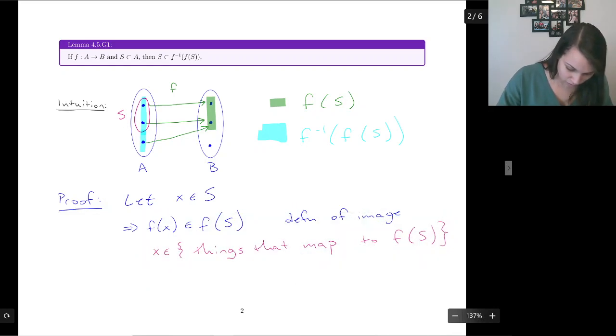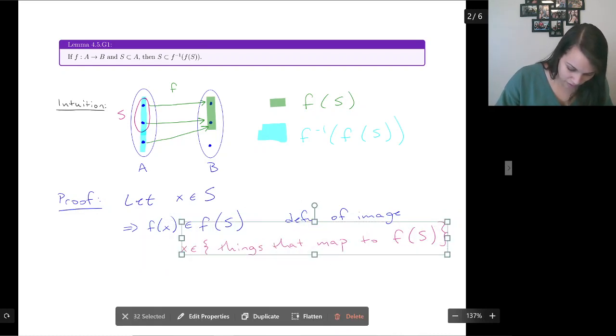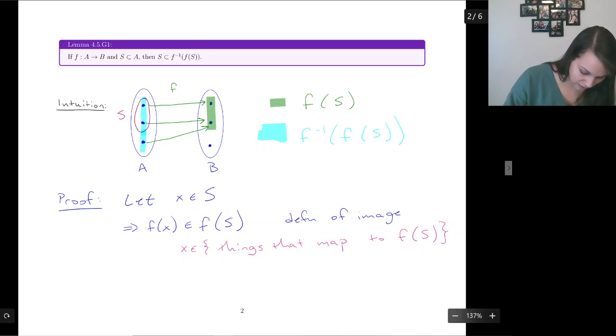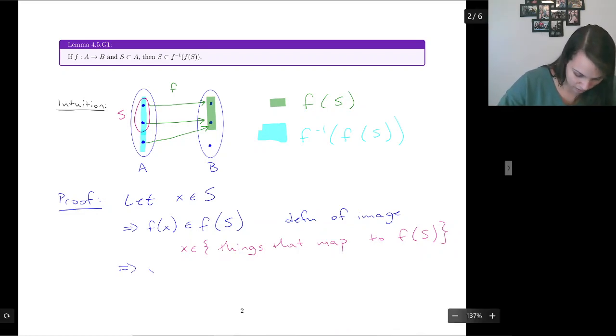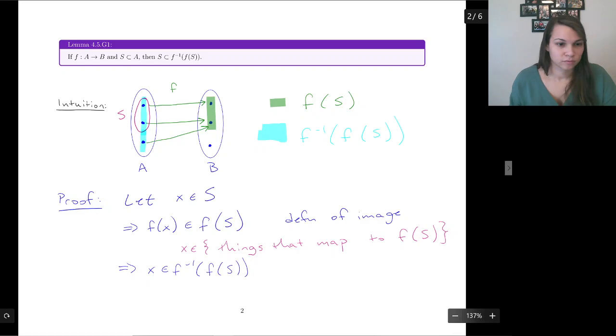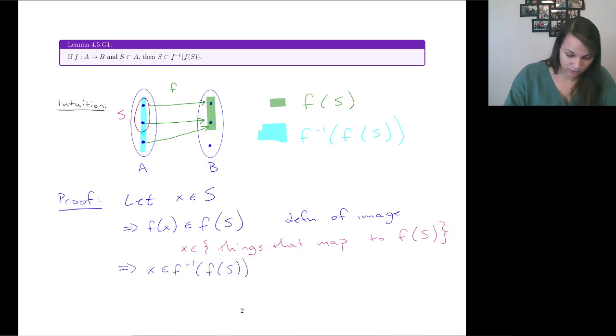That is the pre-image. So that's just a side note for explaining why this next thing happens. So then x is in the pre-image because it was a thing that mapped to f of S. And then that's all it takes. Now we have S is a subset of this guy here.